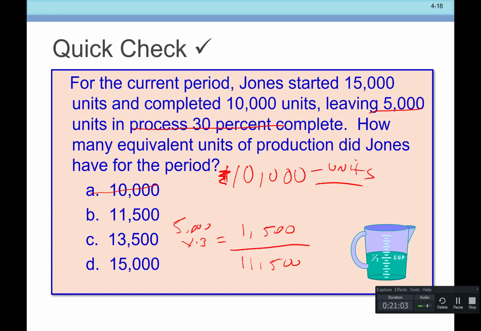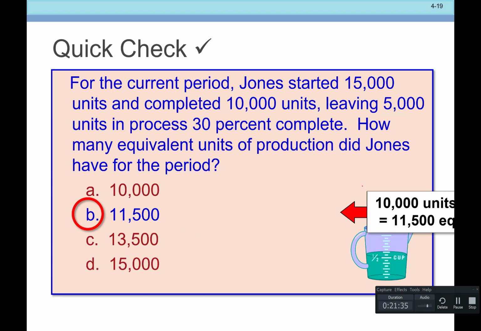Then we've got 5,000 units in progress, and the problem tells us those are 30% done, so that's 1,500 equivalent units. We add the 10,000 that are done plus the 5,000 in progress that we're giving ourselves credit for 30% of the work already completed. That gives us 1,500, so the equivalent units is 11,500 here, right?